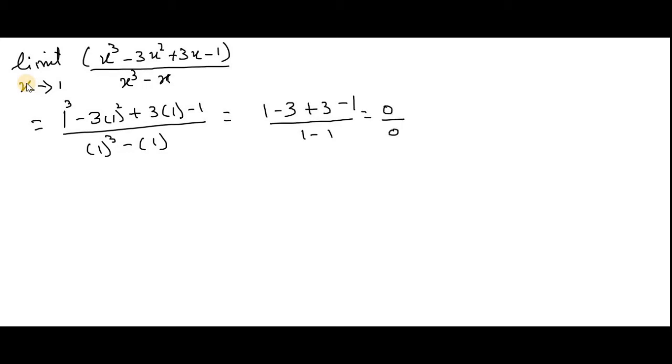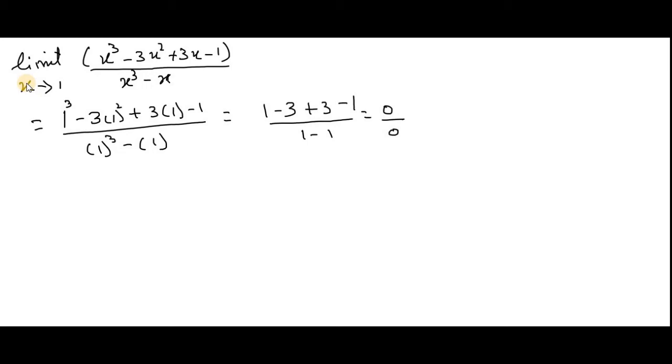again an indeterminate form. Now if we see in this question, the numerator has a polynomial of degree 3, x cube. Similarly, we have a polynomial in the denominator with degree 3. So the best option to solve the question is that we divide to reduce and simplify it.